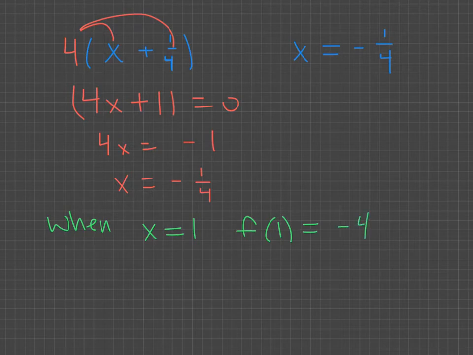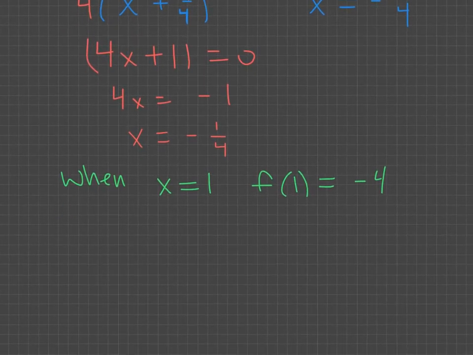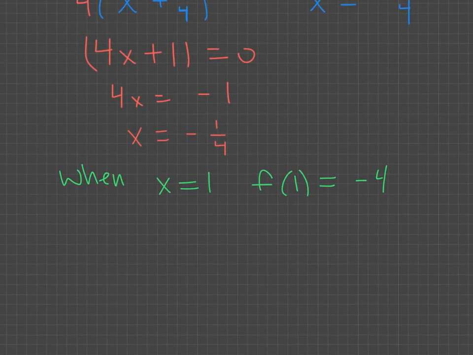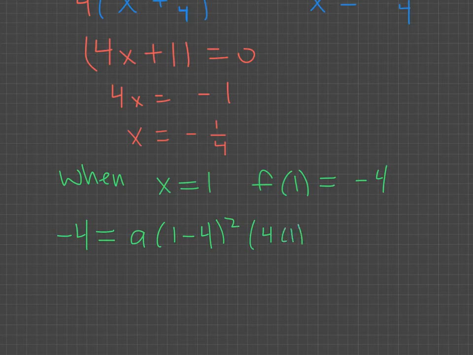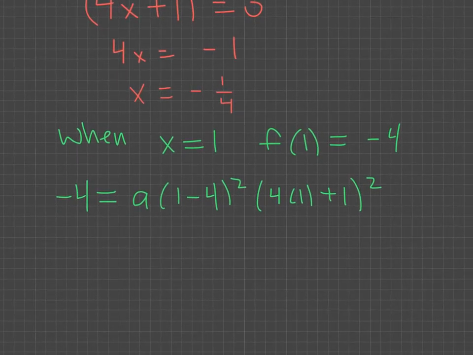So in our function that we have set up, we're going to replace f of x with negative 4 and replace x with 1. So we end up with a times 1 minus 4 squared times 4 times 1, replacing that x with a 1, plus 1, that quantity squared. And now the only thing that we don't know is a, so we want to solve for a.